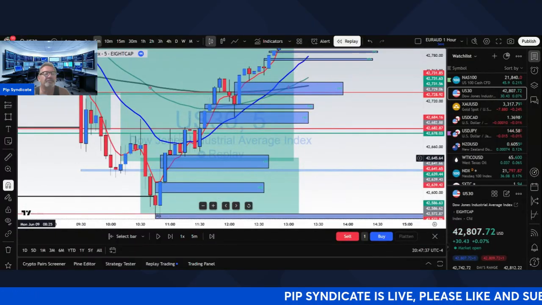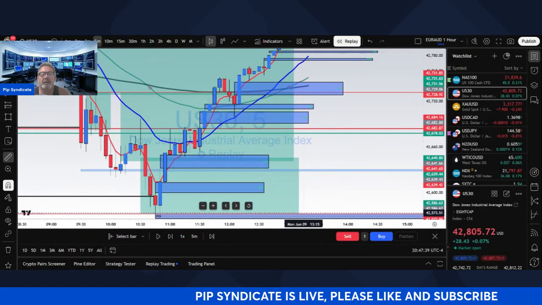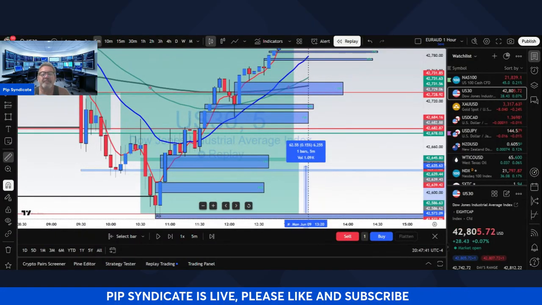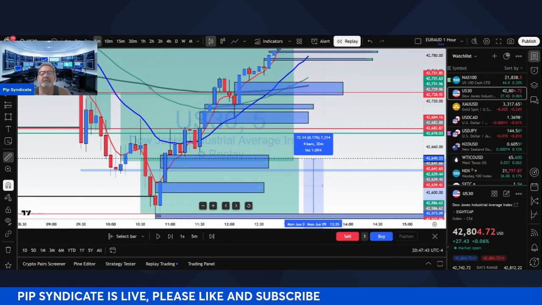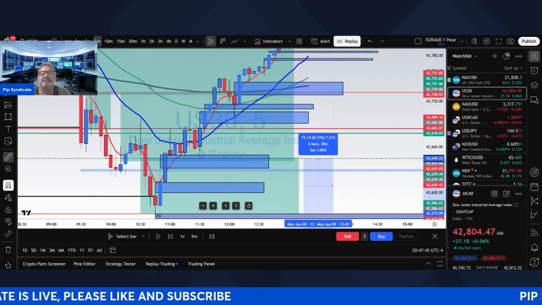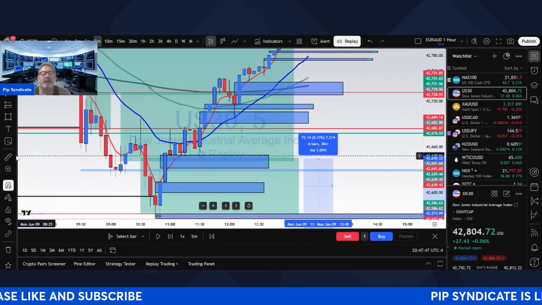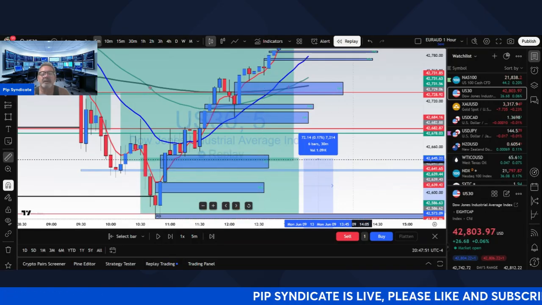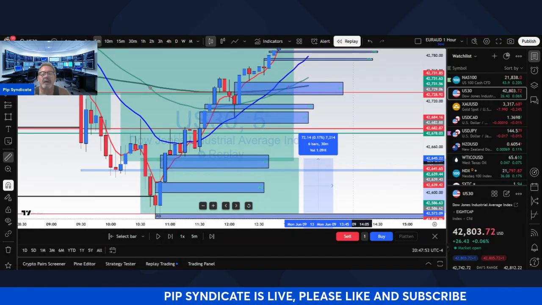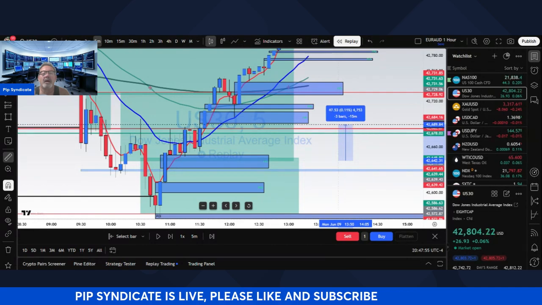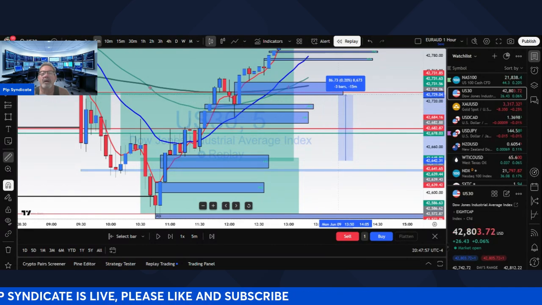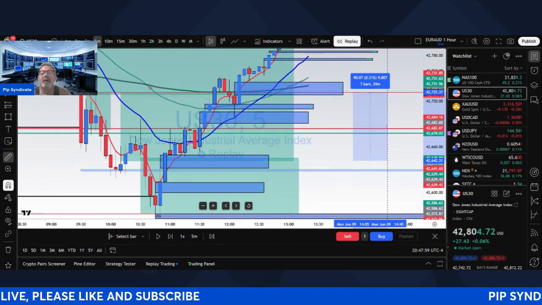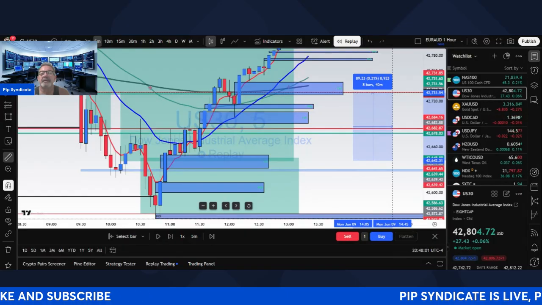I mean, you can measure it out. I've been trading this way for over a year now, guys. Right? That's like 70 pips, 72. Call it 65 if you like. There's another 90.